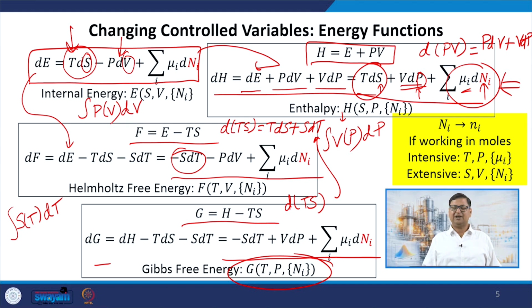If I want to operate, let us say, a chemical reactor or a distillation column, I want to define the temperature and pressure conditions. That means I have the ability to control the temperature by maybe a thermostat, and I have the ability to control pressure by, let's say, having a barostat, right? So, therefore, I want a definition of energy for which temperature and pressure are the independent variables, right? And that energy definition is the Gibbs free energy, right?